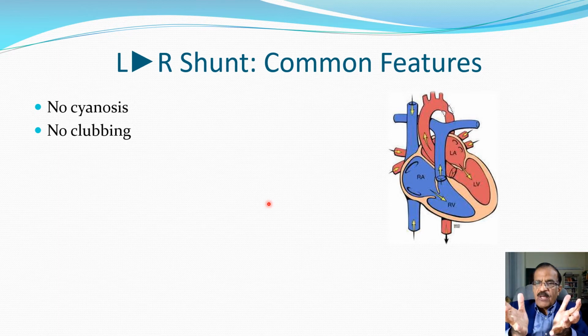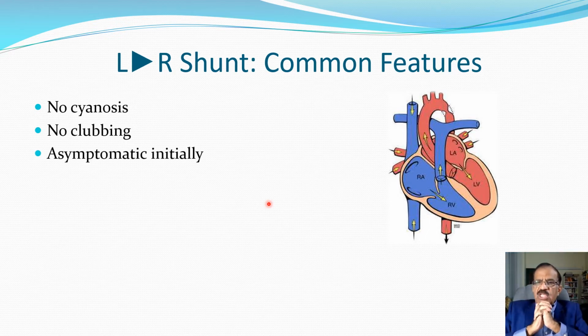Since there is no cyanosis in left to right shunt, there will be no clubbing. If there is clubbing, you might suspect right to left shunt, not left to right shunt. Or there may be an occasional case who had left to right shunt, but later on it got reversed, which we will discuss shortly. How can that happen?